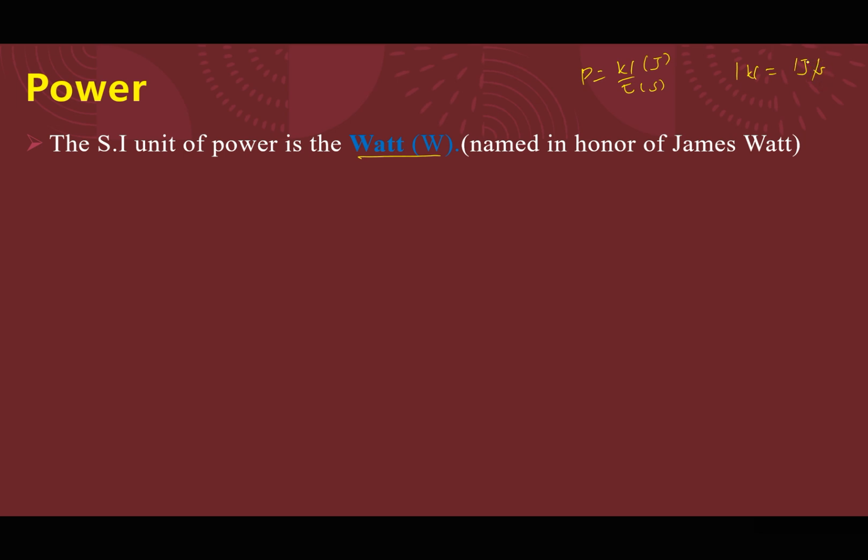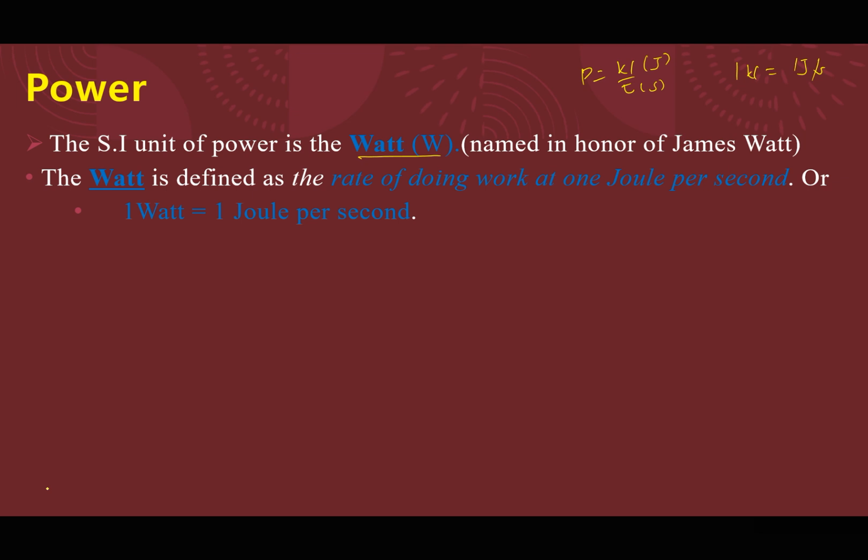So the unit watt can be defined as the rate of doing work at 1 joule per second. Or simply in an exam, you can define a watt as 1 joule per second.